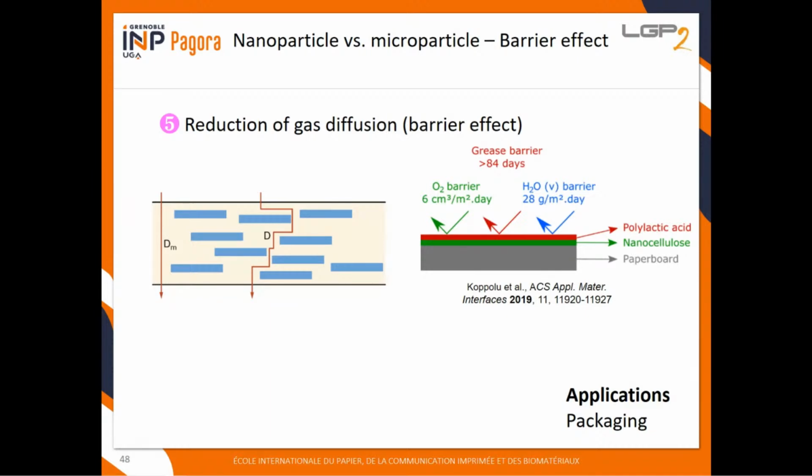Or these nanoparticles, nanocellulose, for example, can be used as a coating on, for example, paperboard to improve the barrier properties. So the problem is that, of course, cellulose is hydrophilic, and it's possible to protect this coating with a polymer, for example, polylactic acid in this case. And of course, we can think about possible applications in the packaging field.